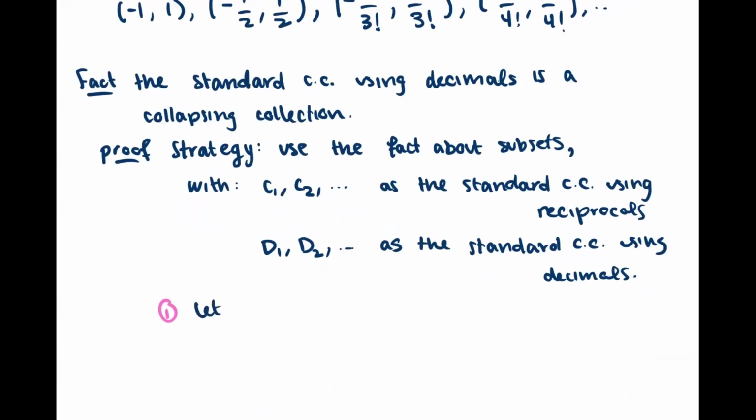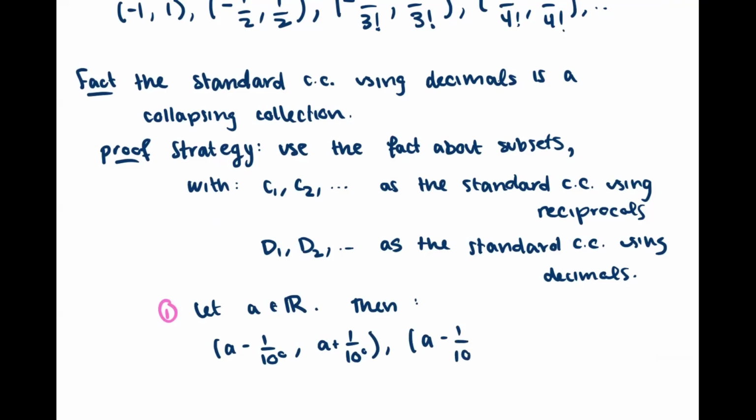I'm going to let A be a real number. Then we're looking at A minus 1 over 10 to the 0, A plus 1 over 10 to the 0, A minus 1 over 10, and so on. Did we start at 0 or 1 with these?